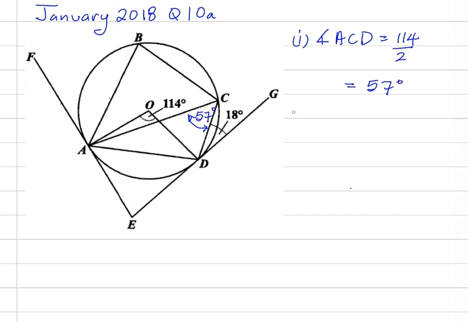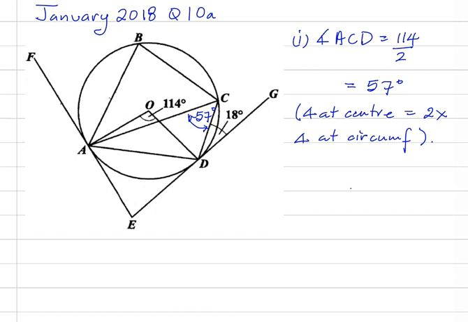And essentially the reason is this, that the angle at the center is equal to 2 times the angle at the circumference. The angle at the center of a circle is equal to 2 times the angle at the circumference.